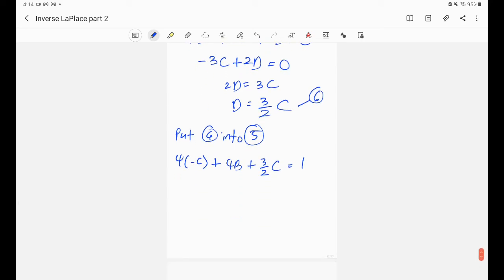And that will give us negative 5 over 2 C plus 4B equals to 1.